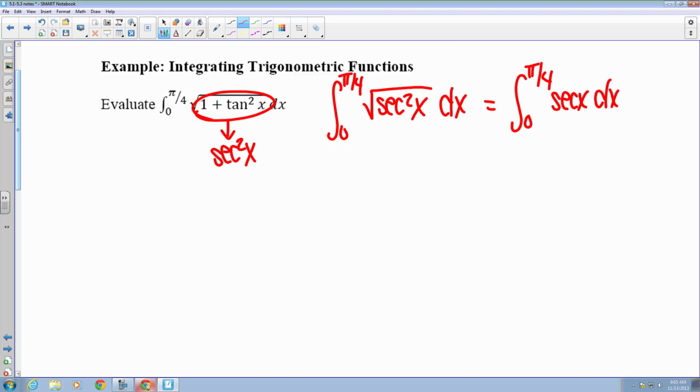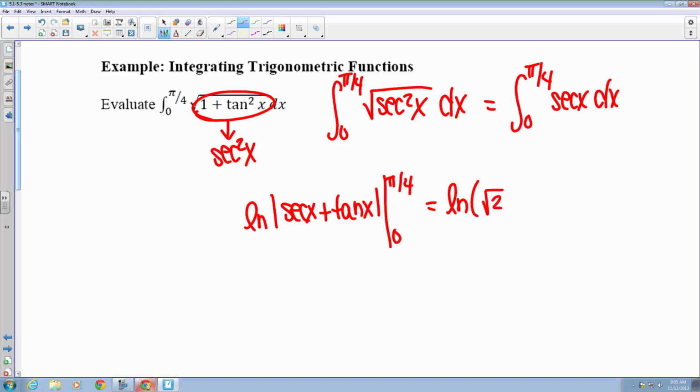From the previous page, we just saw what the integral of secant was. It's the natural log absolute value of secant x plus tangent x, evaluated from 0 to pi over 4, which turns out to be the natural log of the square root of 2 plus 1 minus natural log of 1, which is approximately 0.881.